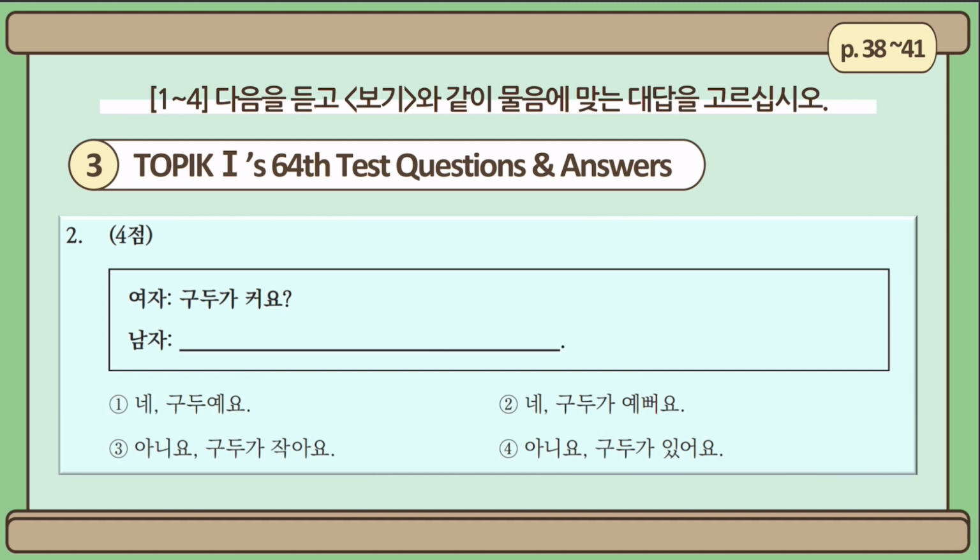Now question number 2. The woman said, 구두가 커요? It was with a rising tone at the end, so again, it is a question. It's asking the listener if the 구두, the formal shoes he's wearing, are big. The answer would be either yes they are or no they aren't.